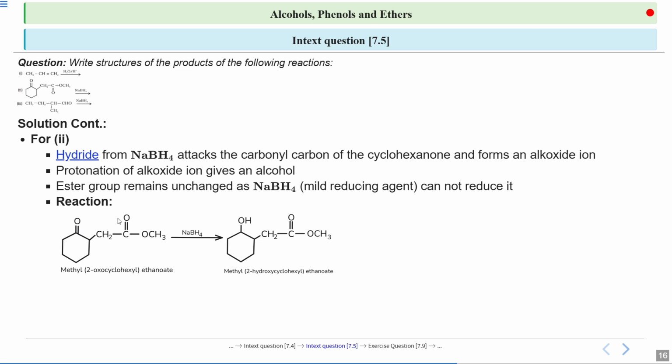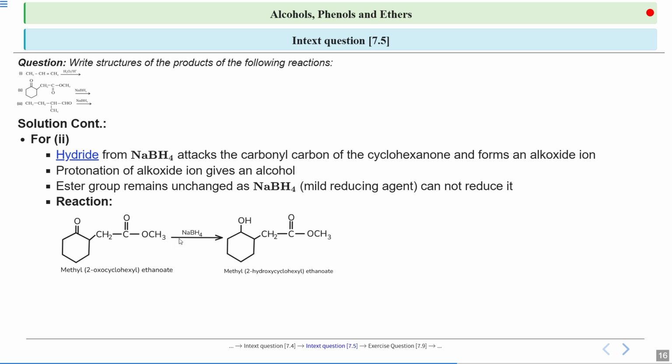So what will happen? When your H minus attacks this carbon which is electron deficient, this double bond will break. So the electron density will shift onto this oxygen. So an alkoxide ion will be formed. That is, to this ring, an O minus group is attached. And then your H plus will attack this O minus and you will get an OH group over here.